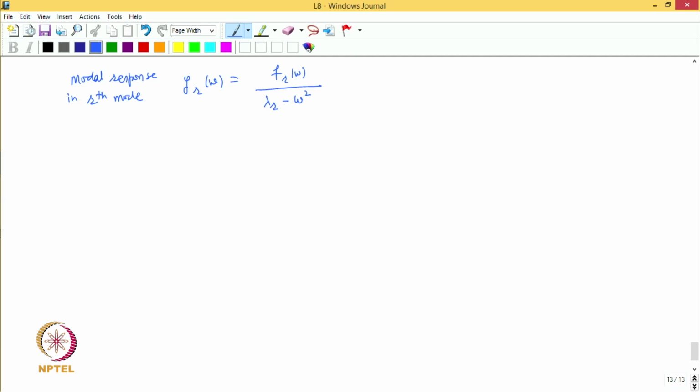And what was lambda r? The lambda r for the proportional damping case was simply omega r square into bracket 1 plus I eta r. This is what we got, right, and hence y r omega can be written as f r omega upon omega r square into 1 plus I eta r minus omega square.